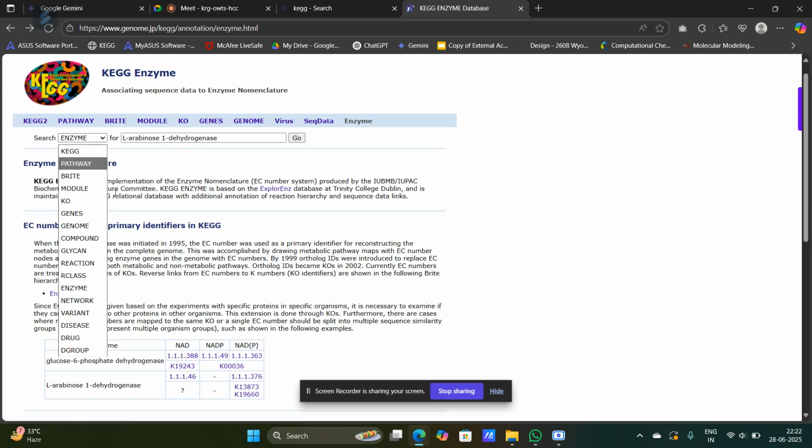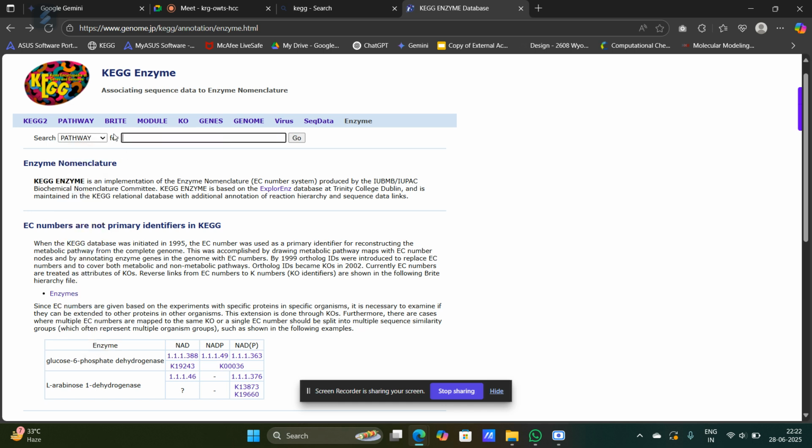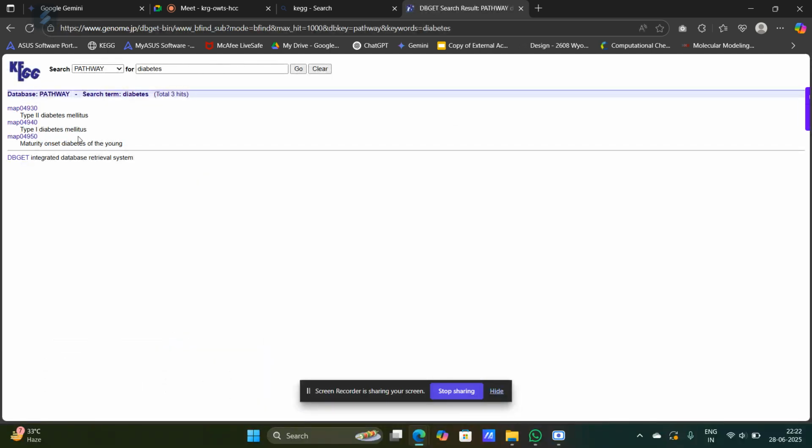And one more. For pathway, you can just type the name of the disease as well. If I just write diabetes, you will get all the pathways related to diabetes. Here it says this will redirect you to the type 2 diabetes mellitus pathway, the second one to the type 1 diabetes mellitus pathway, and this third one to maturity onset diabetes of the young.